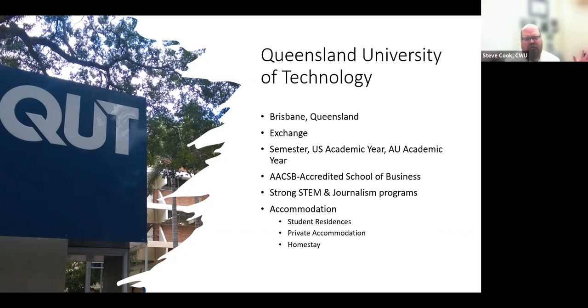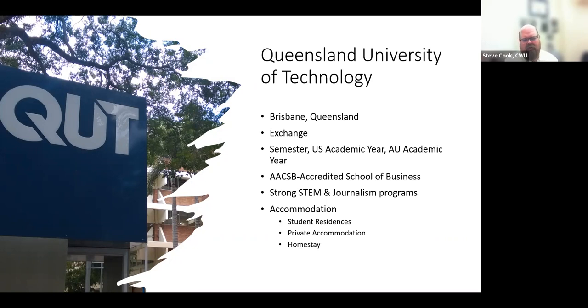Semester 1 will start late February and run through about late June, early July. Semester 2 will start late July and run through about mid-November. So that can give you an idea how those semesters would interact with the CWU calendar as well.